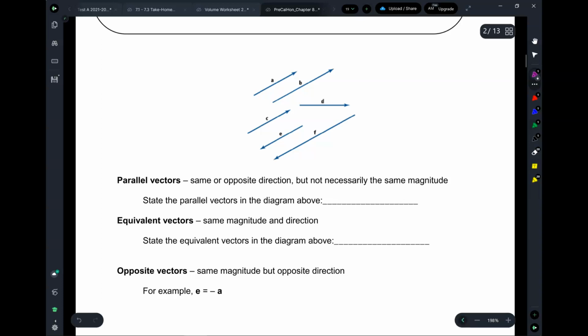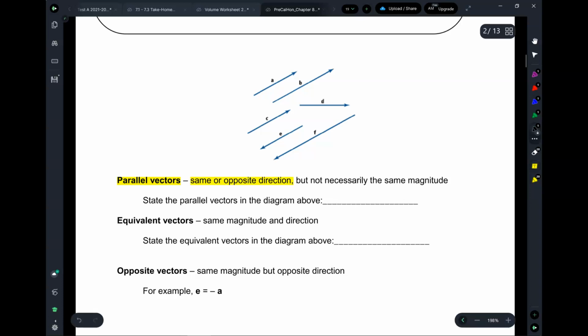Okay. So let's talk about, again, parallel and equivalent vectors and so on. So these are a few vectors. Suppose you had a handful of vectors and you threw them up in the air and they landed on the paper the way they landed, right? So you've got vectors A through F. We say vectors are parallel if they have the same or opposite direction, but not necessarily the same magnitude, okay?